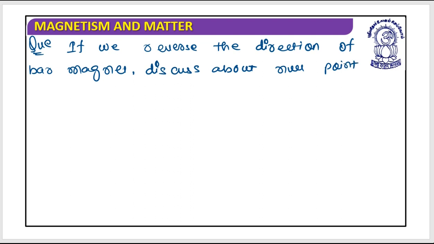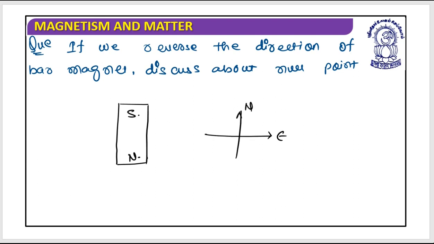Initially the north pole of the bar magnet was facing towards the geographical north. Now the direction of the magnet has been changed. That means initially it was the north pole, now this is the south pole, and the geographical location will remain the same: north, east, west and south.